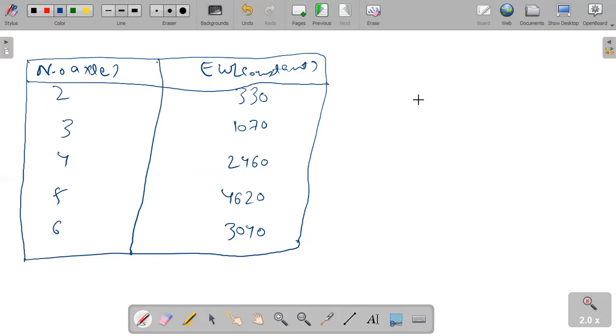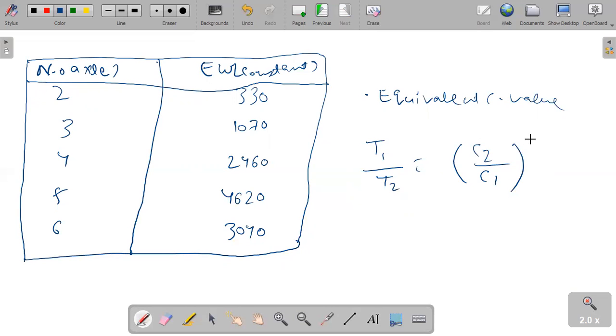So this is all about California resistance value. One thing remaining is equivalent C value. We have a formula for this: T1 upon T2 is equal to (C2 upon C1) to the power 1 by 5.